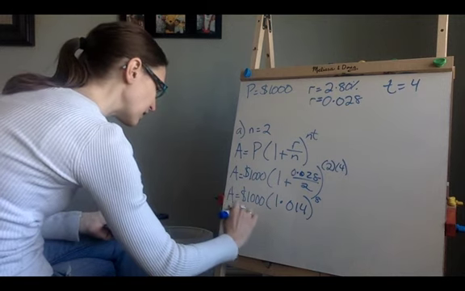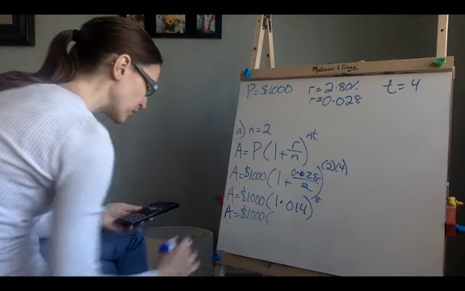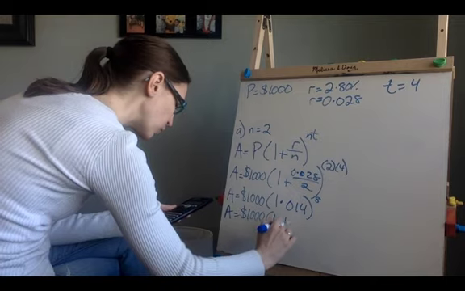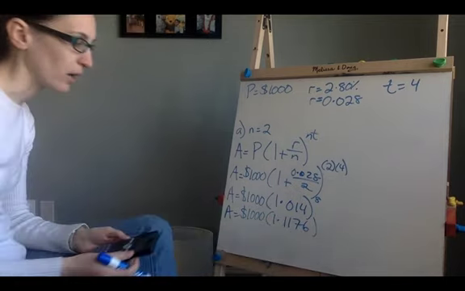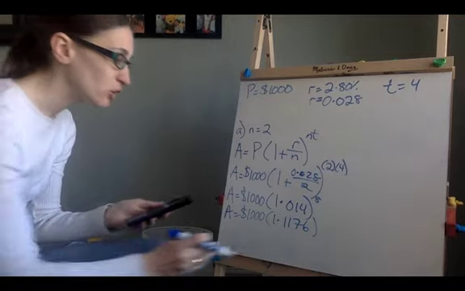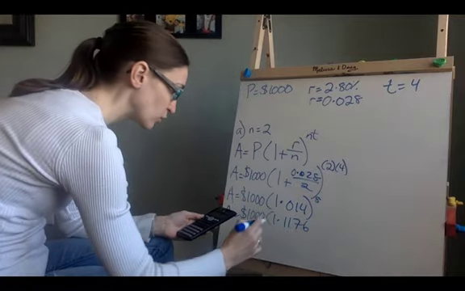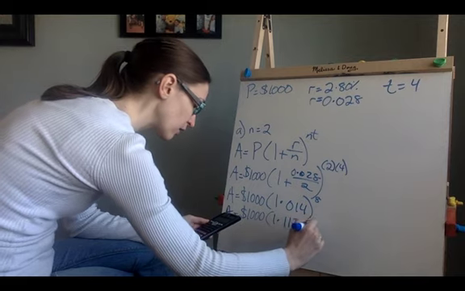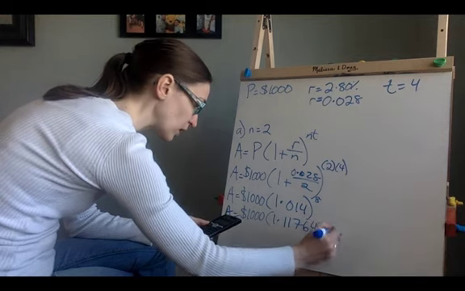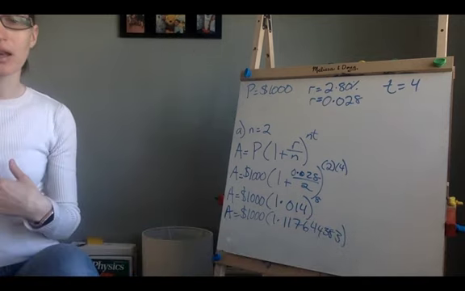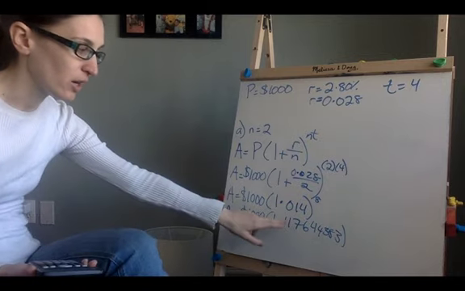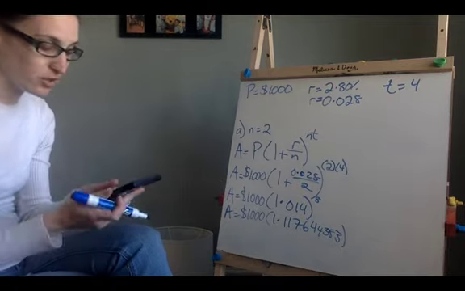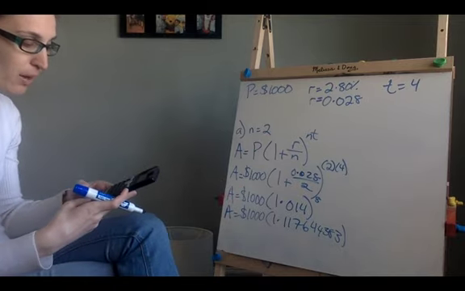So what you'd get is 1,000 times 1.1176, and that keeps going. Try and keep as many digits as you can. In reality, this is 1.1176444383. I suggest keeping that number stored in your calculator, and instead of rewriting it, just take that number and multiply it by 1,000.